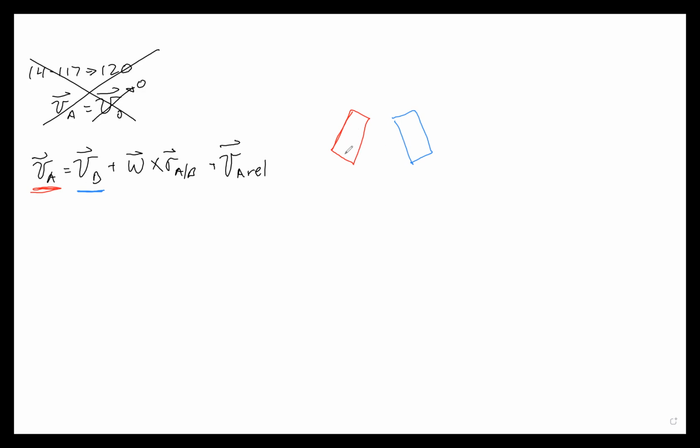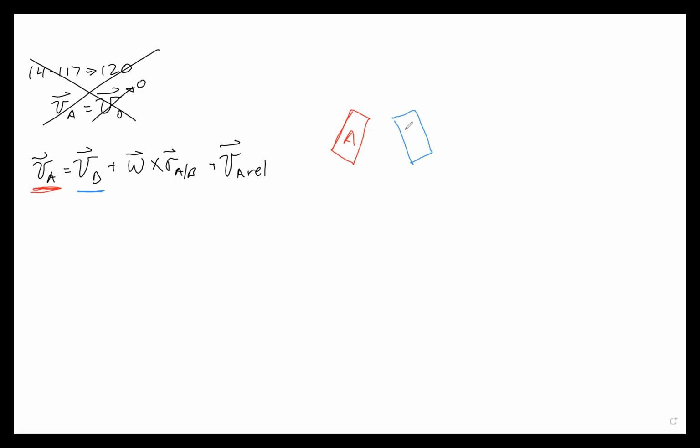This is the cars' speed relative to the ground, velocity of A and velocity of B. Now, the car we are asking to monitor the speed of relative to the other car is car A. We're asking how fast car A looks like it's moving, or what kind of motion car A has when you're sitting in car B. Only looking at car A, not looking at the ground.